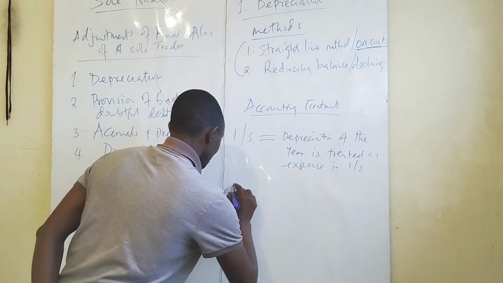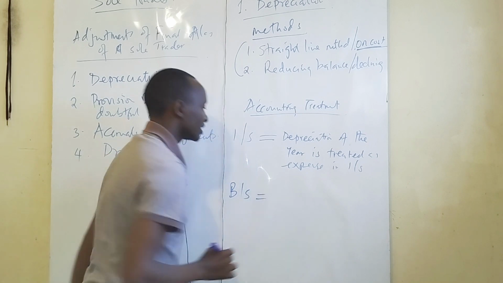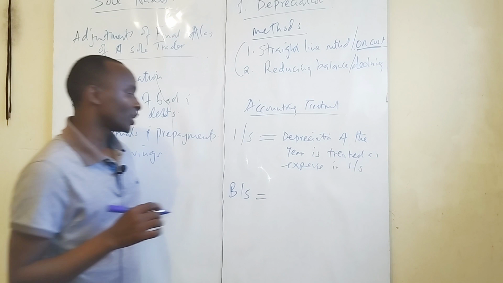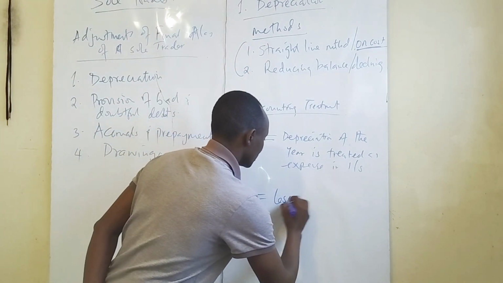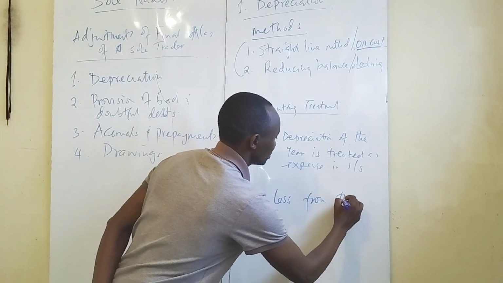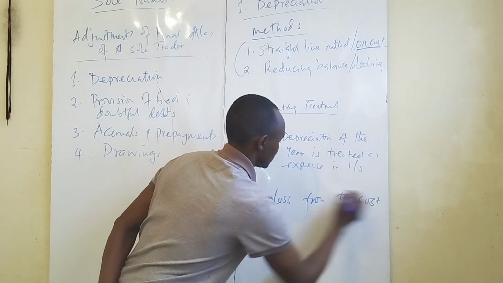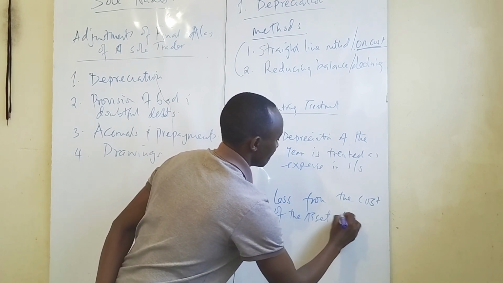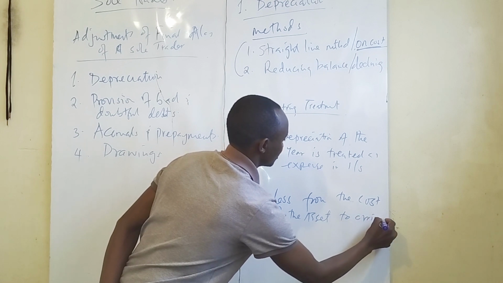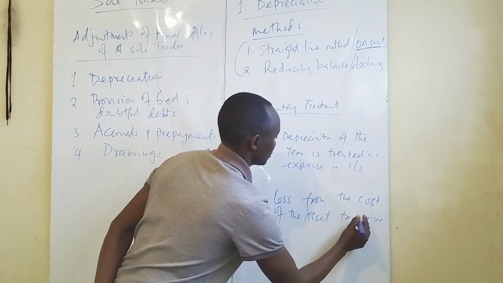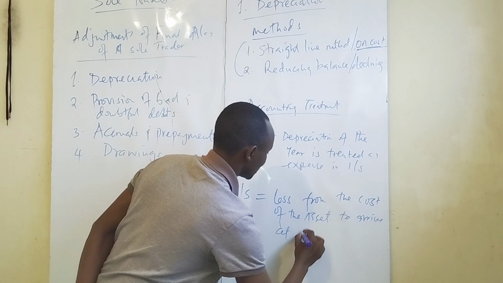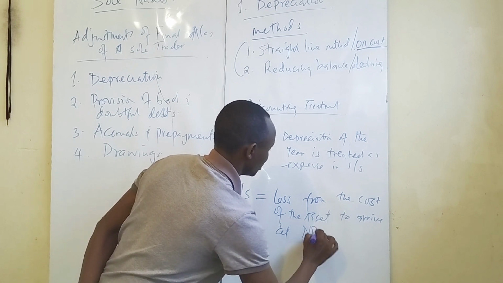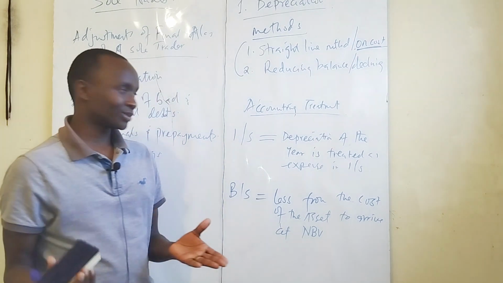But in the balance sheet, or the statement of financial position, this is what you do. You less depreciation from the cost of the asset to arrive at the net book value. That is what you do.